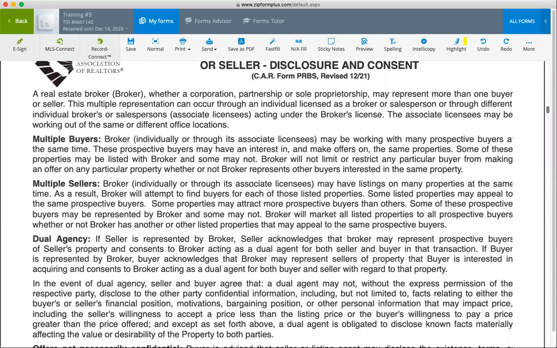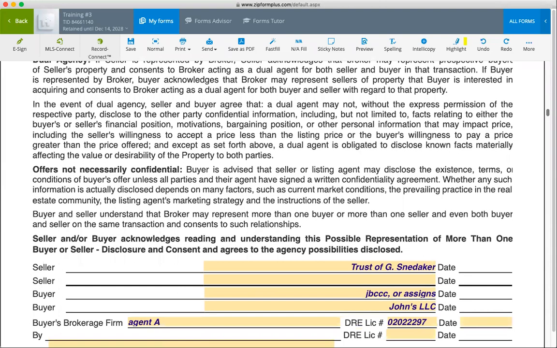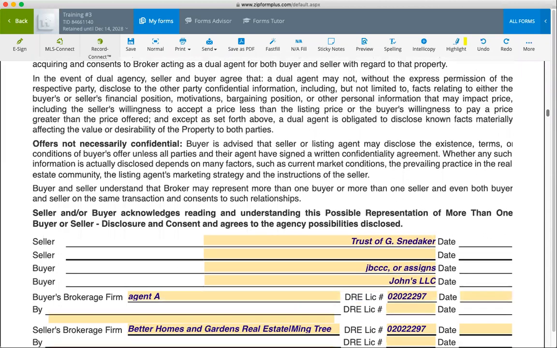So it talks about multiple buyers, multiple sellers, dual agency, and then this last little bit, which is not well known among people, is that offers are not necessarily confidential. The buyer is advised that the seller or listing agent may disclose the existence, terms, or conditions of a buyer's offer unless all parties and the agent have signed a written confidentiality agreement.